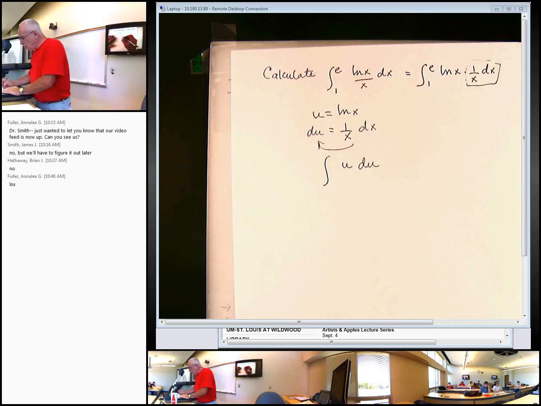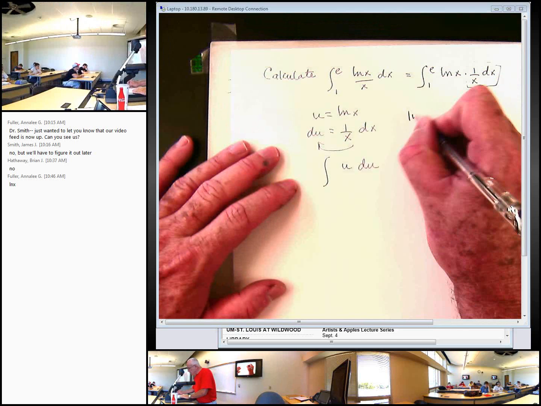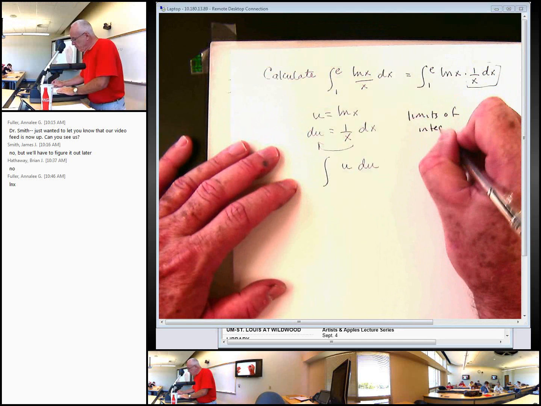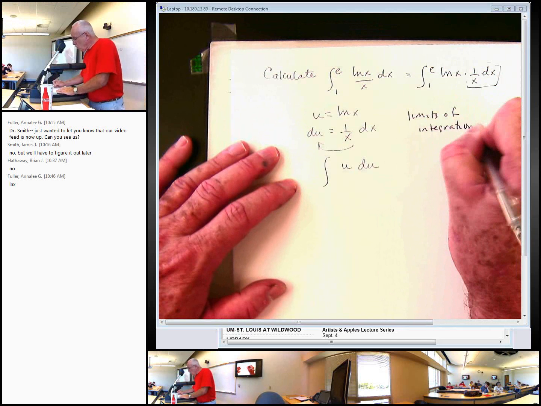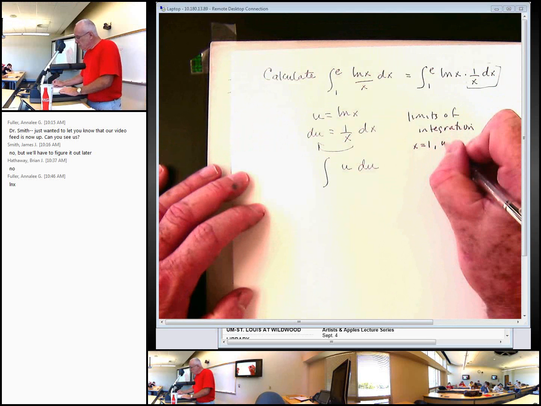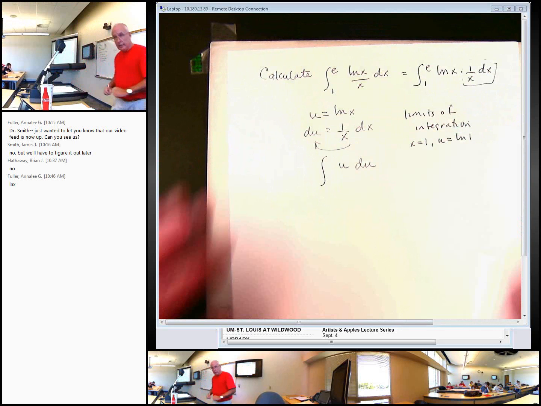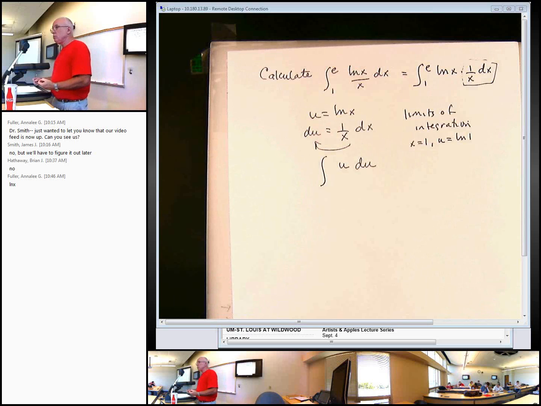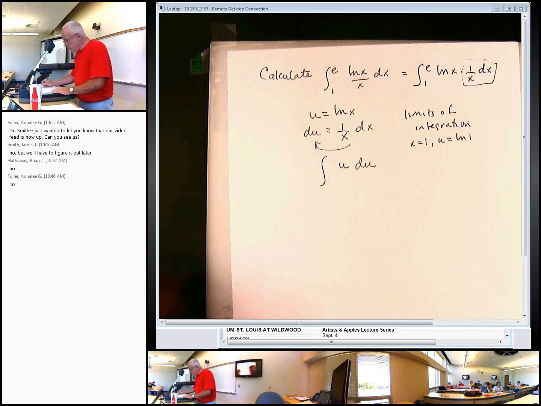Now I need to look at my limits of integration here because this is a definite integral. So when x is equal to 1 here, u is equal to the ln of 1, and we know that the ln of 1 is equal to 0, right?